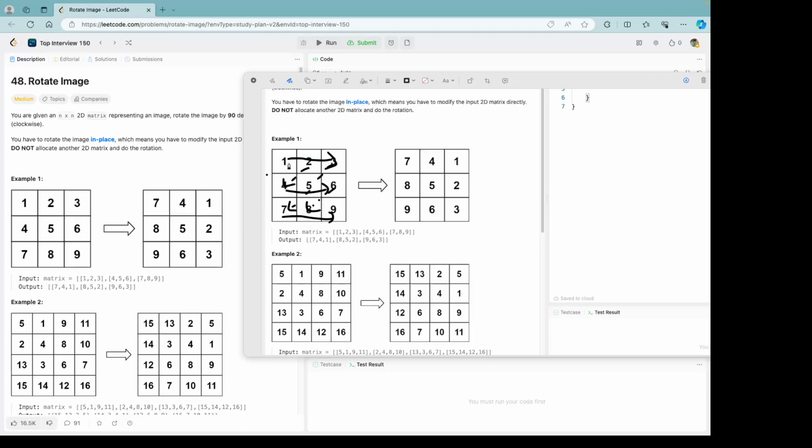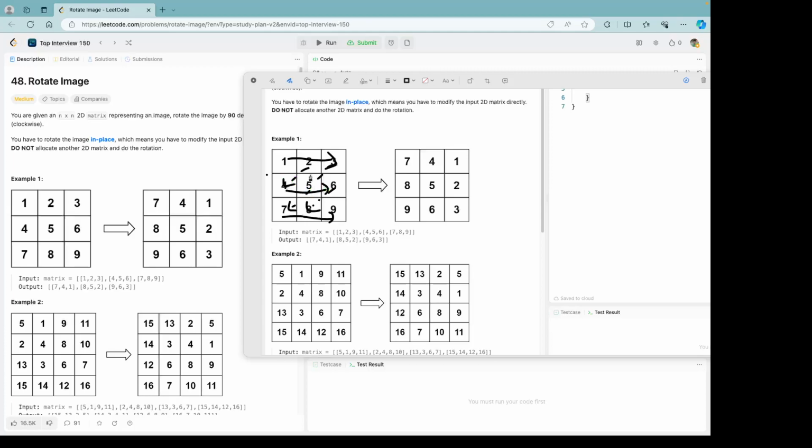So what we effectively would have gotten is 1, 4, 7. The same happens for the second row too. 8 would have come to here, and because of reflection, the 8 from here would be moving to 4. In the same way, 5, because it's in the center, doesn't need to move, or in code it might rotate also, but it stays in the same place.